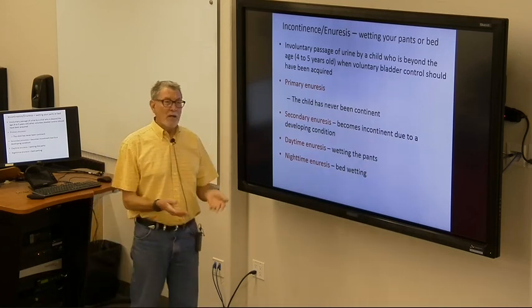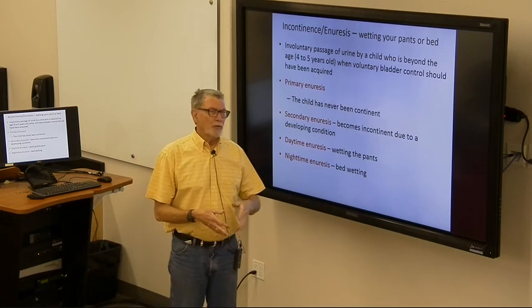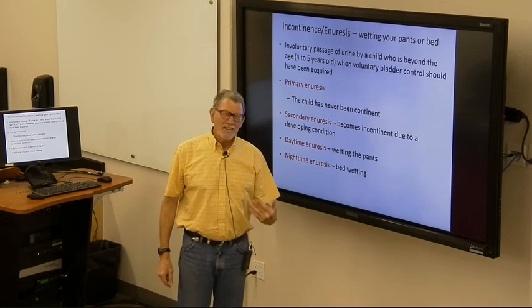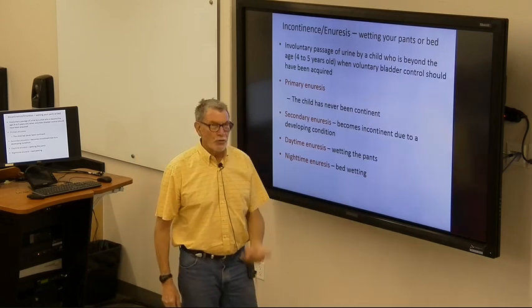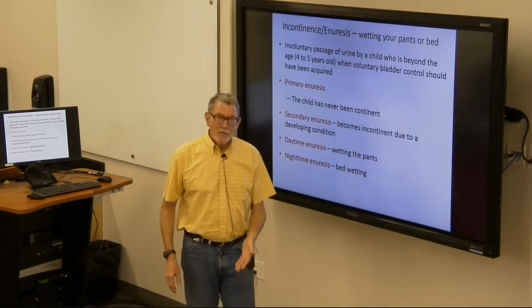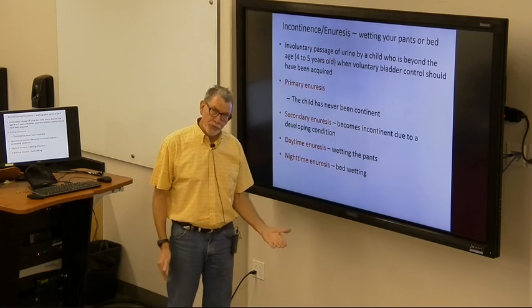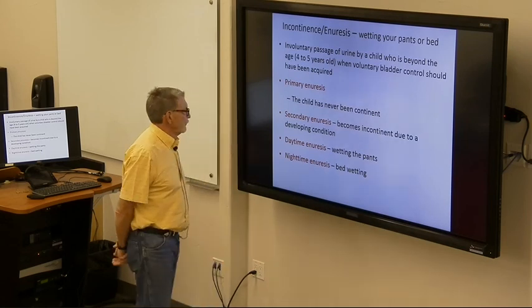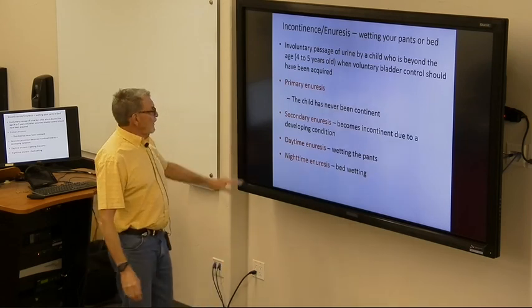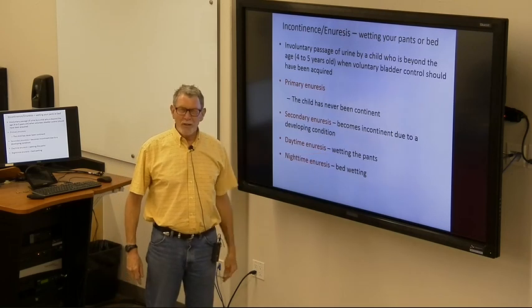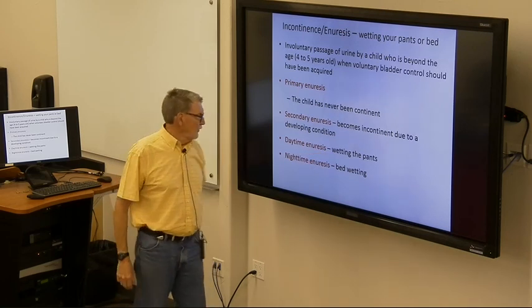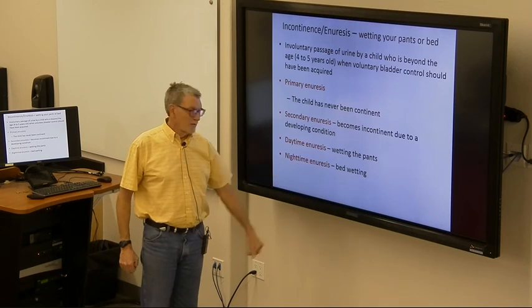Secondary means that they were doing okay for a while, but now for some reason they're not. Very likely they have a urinary tract infection or something going on that has changed it so that they can't control it like they used to. Daytime enuresis is wetting your pants when you're running across the playground, and nighttime is bedwetting.